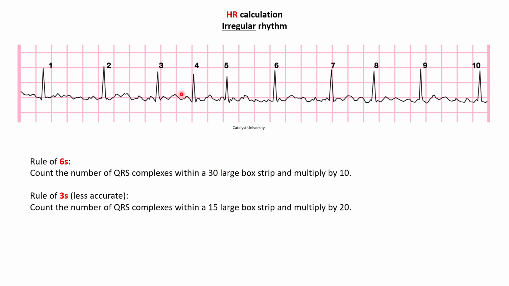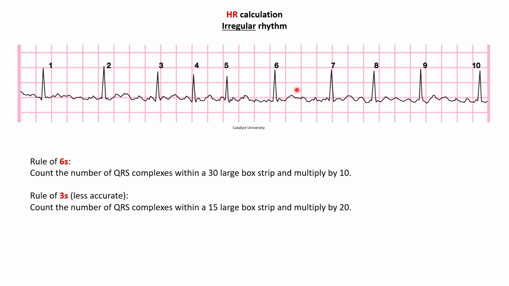For example, this ECG strip that I have brought here, from here to the end, is made of 30 large boxes, so we will not count it and waste time. How many QRS complexes do you see here? 10. Then you multiply this 10 by 10. It will be 100. So the heart rate of this patient is 100.